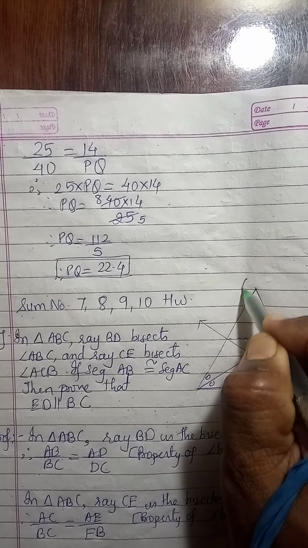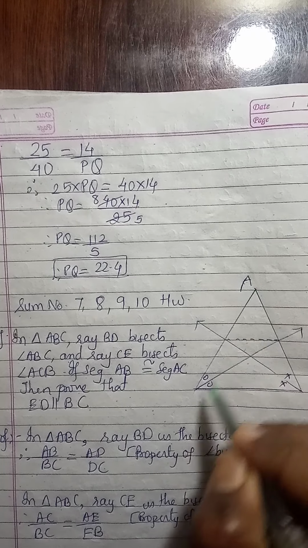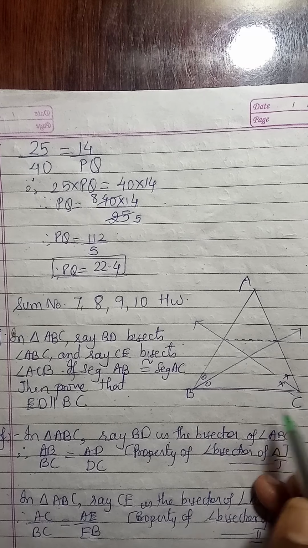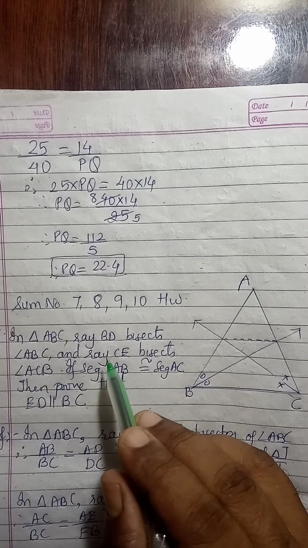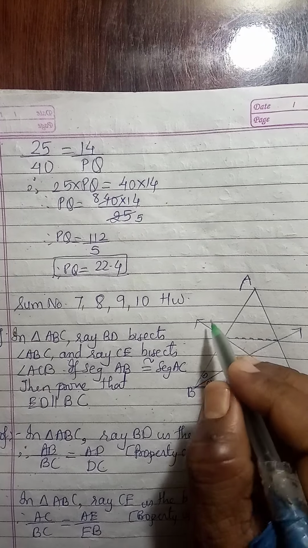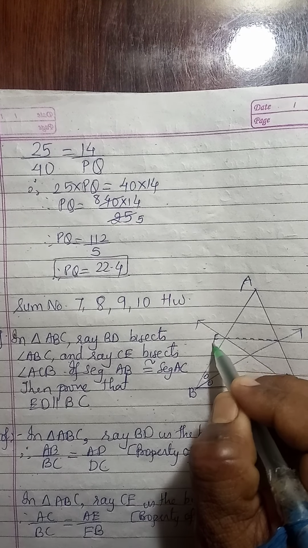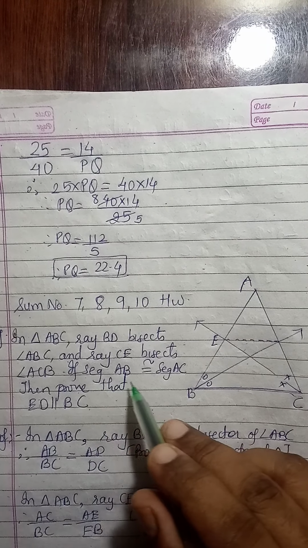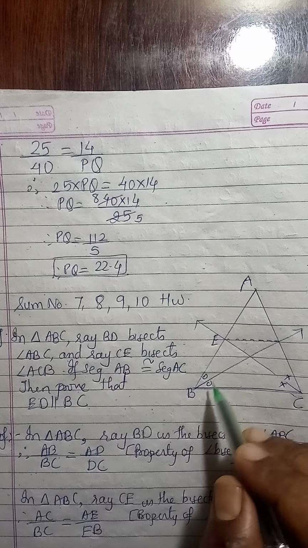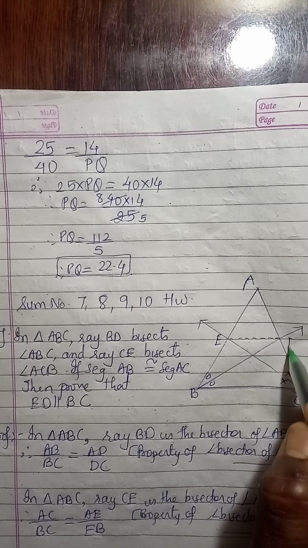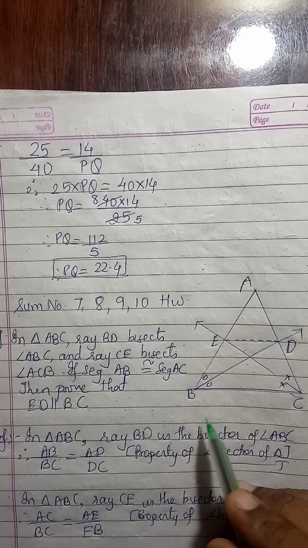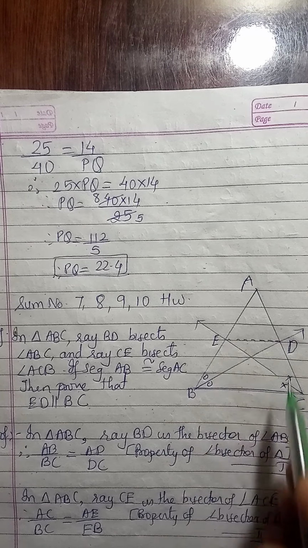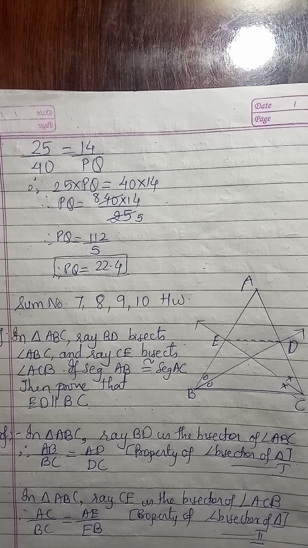So here I write A, B, C. As per the condition, ray CE and ray BD, and it is also given that AB and AC are both congruent.